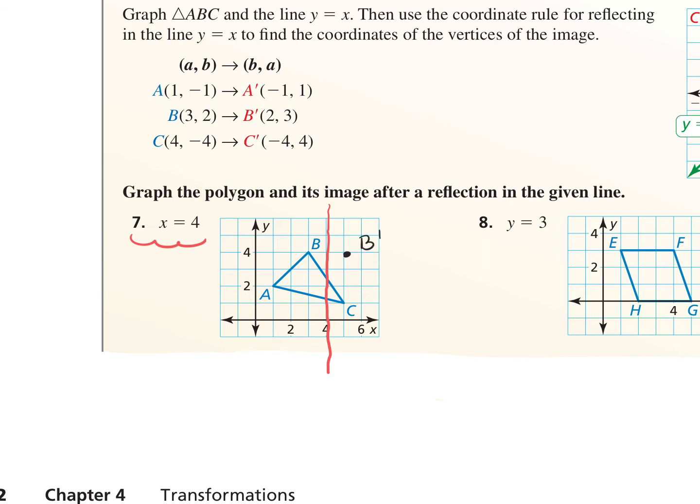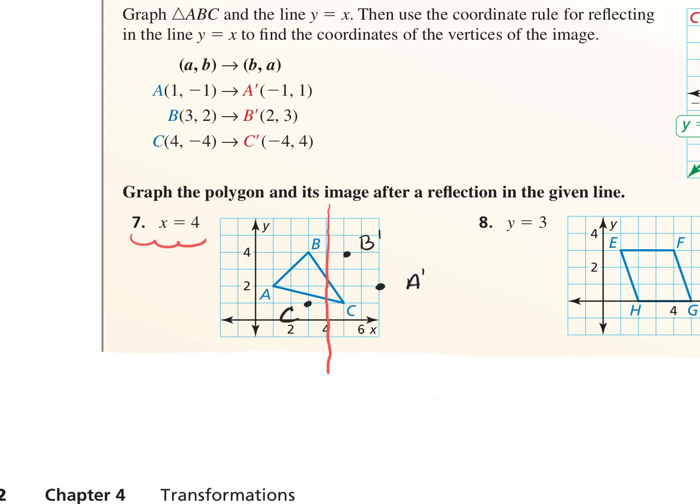And then for the A, notice it's 1, 2, 3 spaces away. So I'm going to count 1, 2, 3 spaces away on this side. So my new A is over here. And then for the C, it's over here 1 unit to the right of it. So now I'll just flip it over, and my new C will be 1 space away on this side.